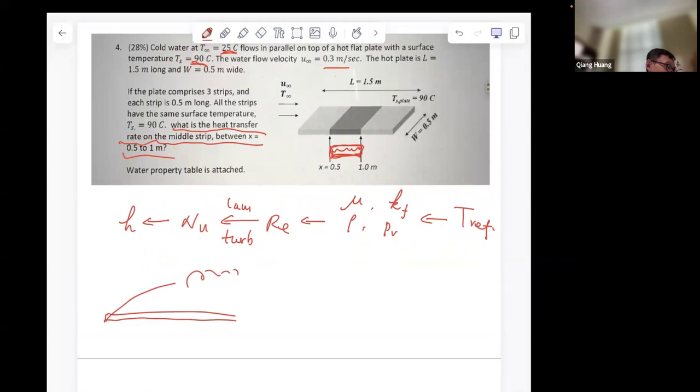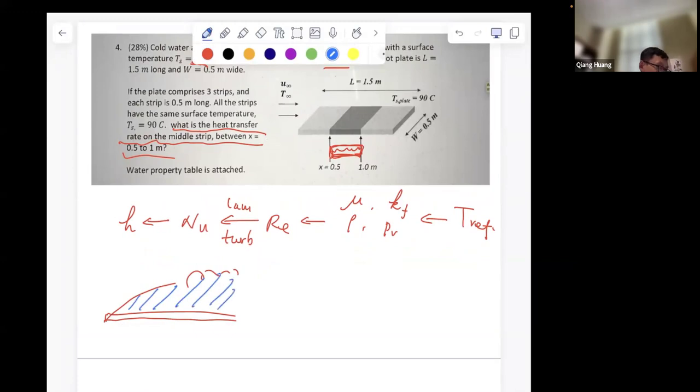The temperature that we are interested in is for the fluid within this region, and we don't know that temperature. However, we know the temperature on both sides of this blue region, the upper bound and the lower bound. The upper bound is the infinite temperature of the water, and the bottom boundary of this blue region is the surface temperature.